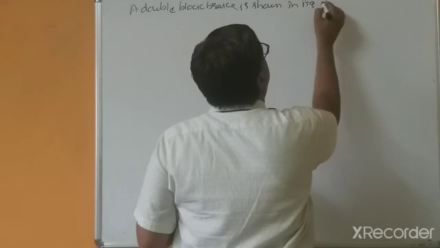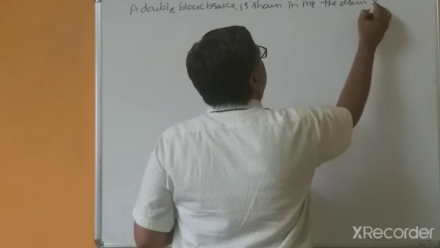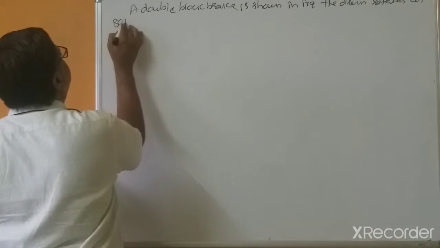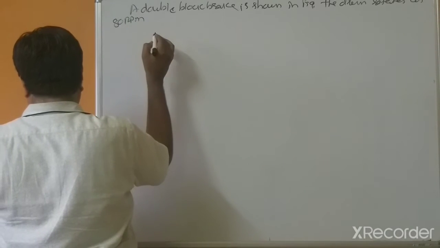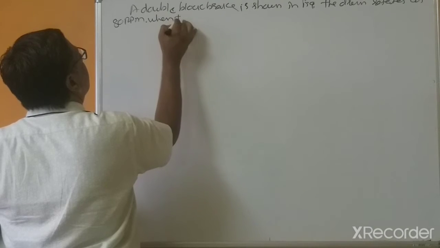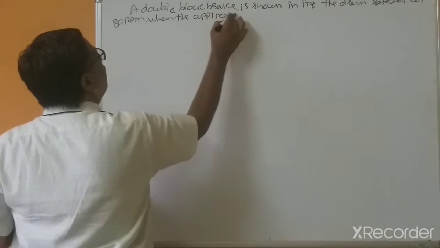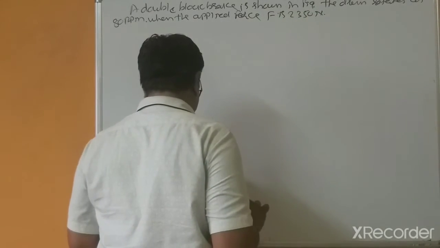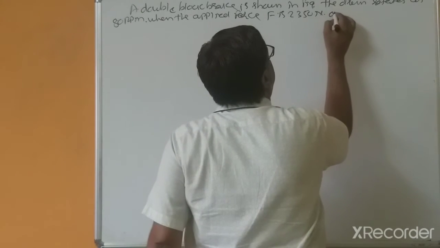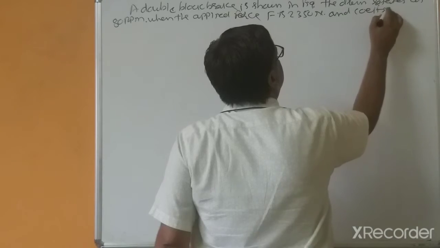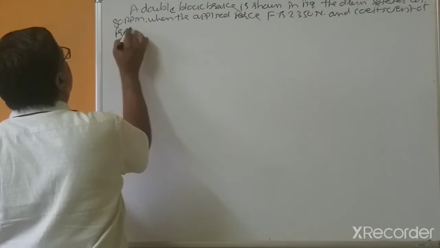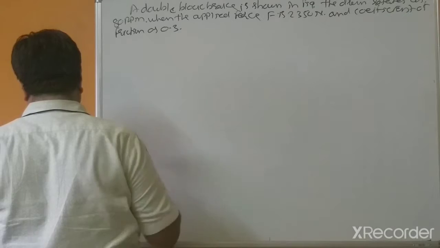The drum rotates at 80 rpm when the applied force F is 2350 Newton, and the coefficient of friction is 0.3.